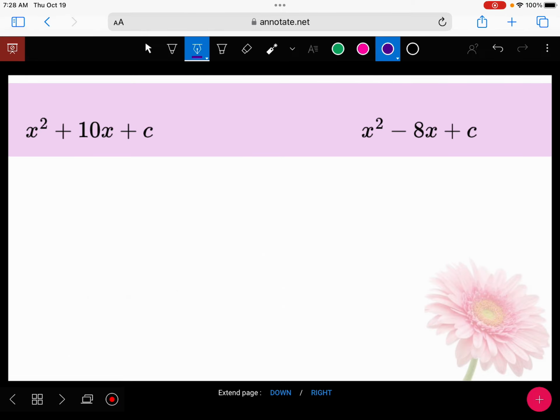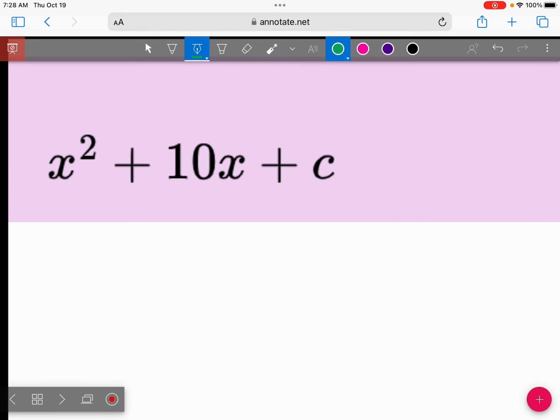So what we're going to have is we're going to say, okay, what number needs to be c in order to make these perfect squares so that I could put them in that x plus something squared form? Just like we did in the bell work, we have this being x squared. And we want to find out what c is.